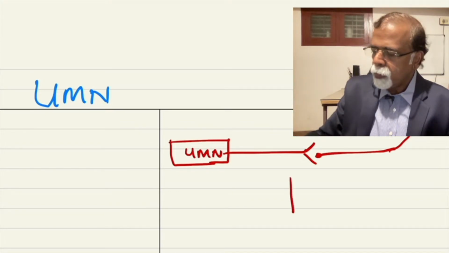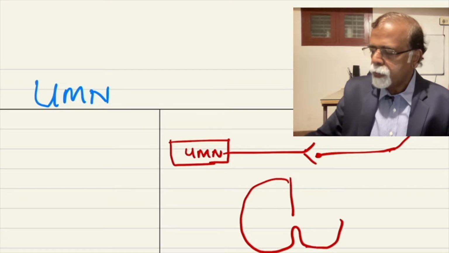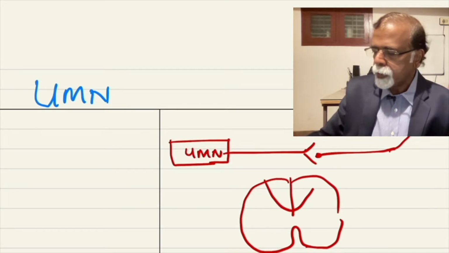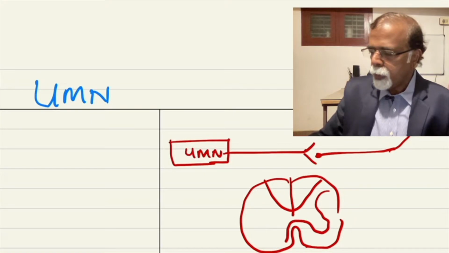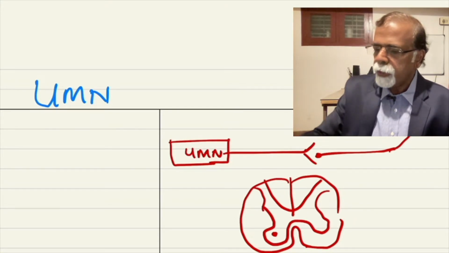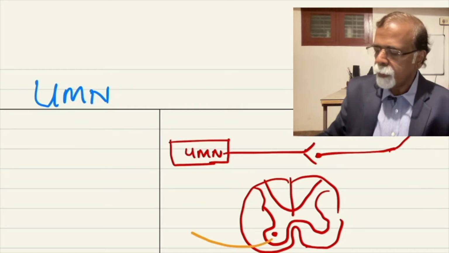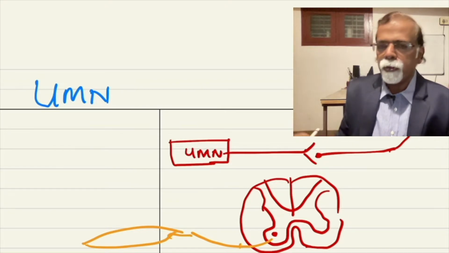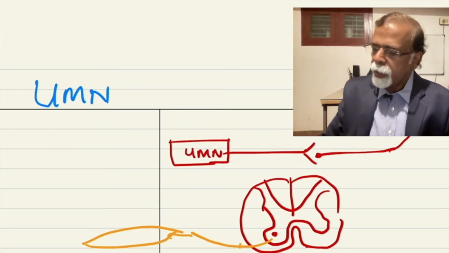The lower motor neurons are situated in the anterior horn cells. This is the spinal cord, and from the anterior root the fibers come down and supply the muscle. So this is the lower motor neuron, and it is under the influence of higher centers.